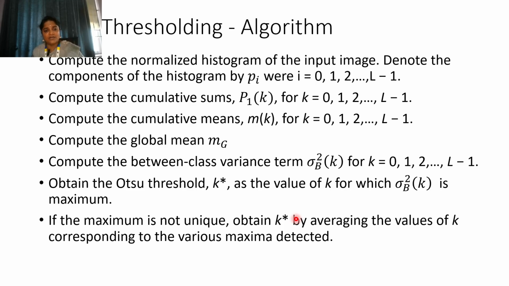This average value is going to be the optimum threshold. Using this threshold, we go for the binary segmentation. Thus, we are using Otsu's thresholding method to achieve binary segmentation, and we have got two classes, the foreground and background. So, hope the concept is clear to all of you. Thank you.